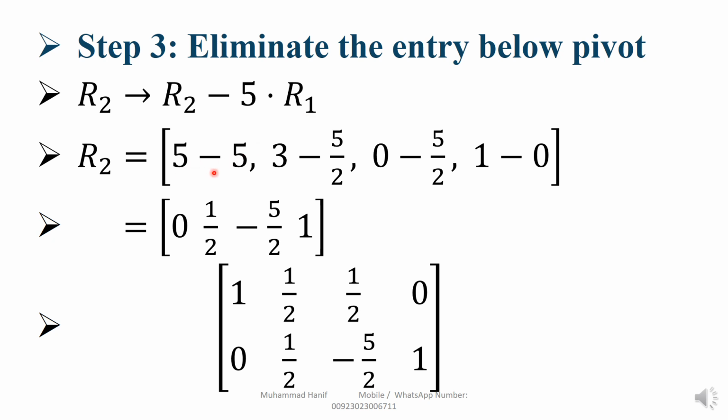Now 5 minus 5 will be 0, and 3 minus 5 upon 2 we get 1 upon 2. 0 minus 5 upon 2 we get minus 5 upon 2. 1 minus 0 we get 1. This is the second row, so we put these elements in the second row.